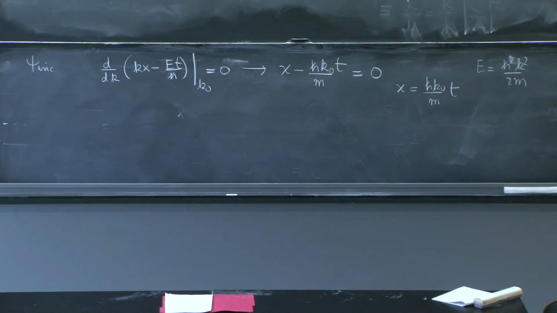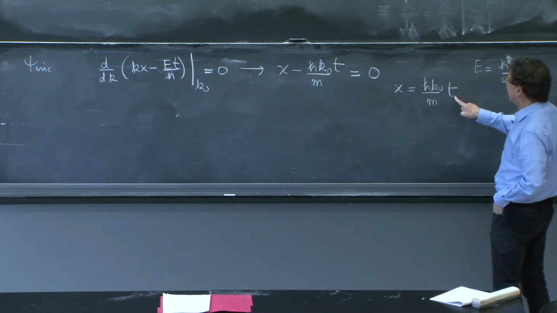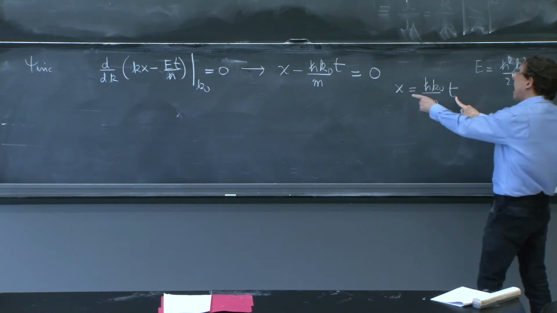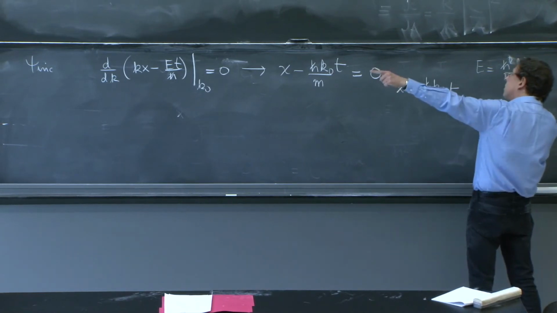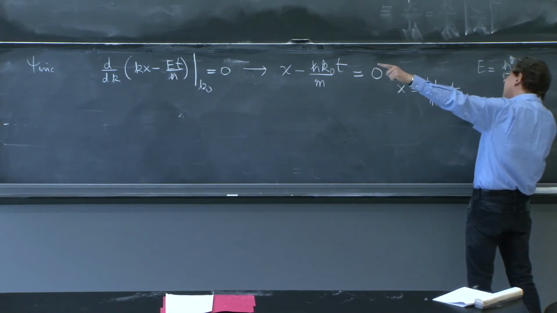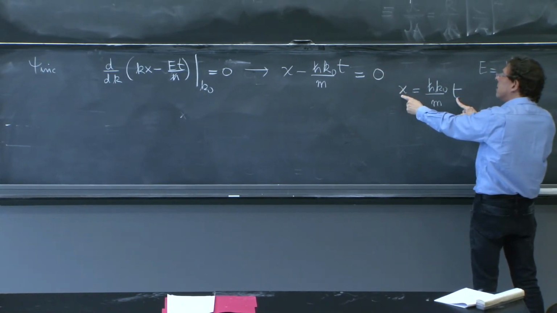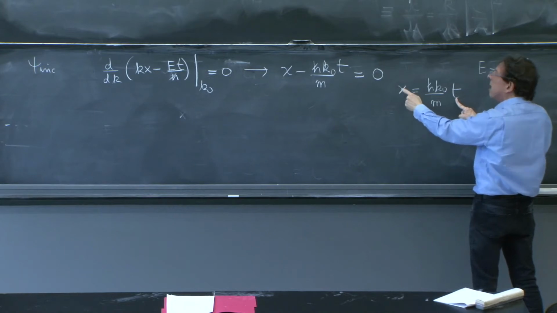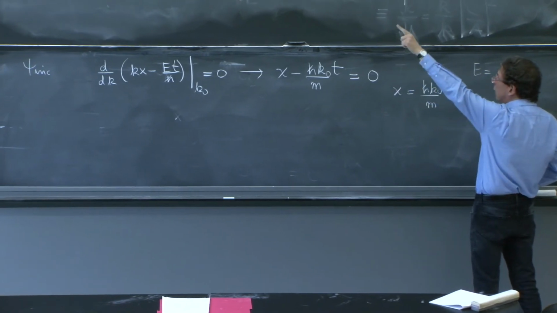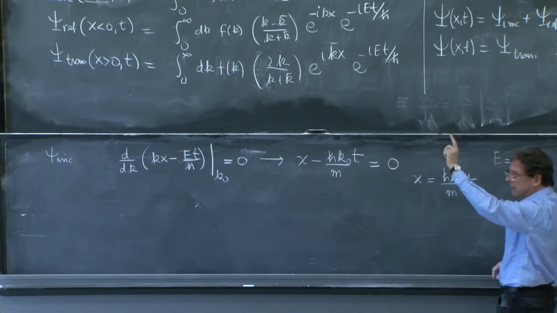What does it do for negative time? As time is infinite and negative, x is negative and it's far away. Yes, the packet is very much to the left of the barrier at time equals minus infinity. And that's consistent because ψ incident is only defined for x less than 0.